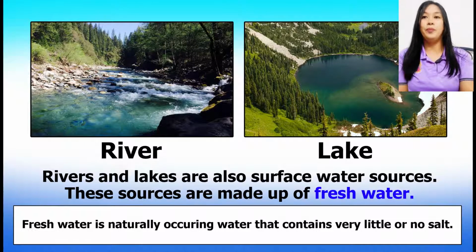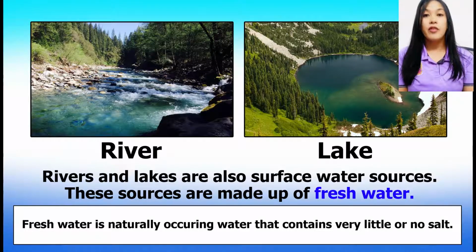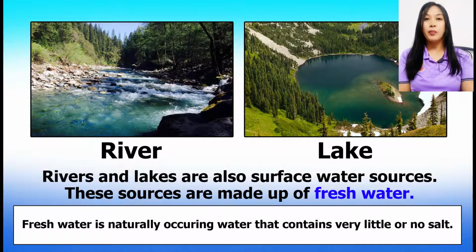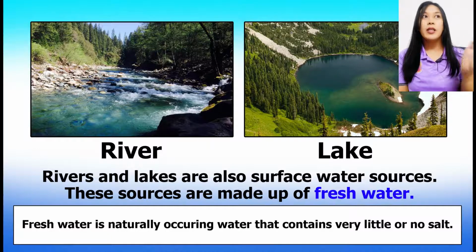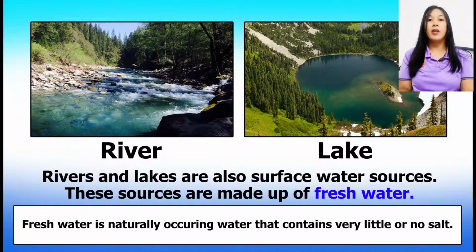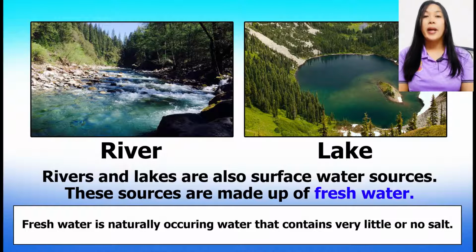Now, rivers and lakes are actually sources of fresh water. Okay, so the water in them generally has very low salt or no salt at all. Fresh water is generally characterized by having low concentrations of dissolved salt or no salt at all.